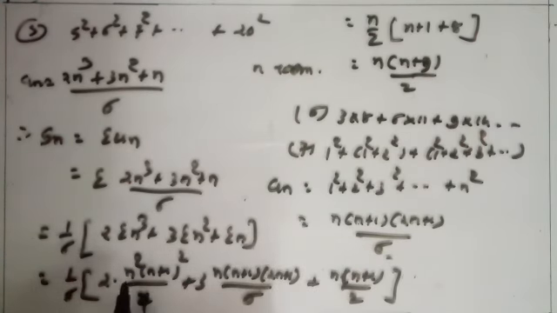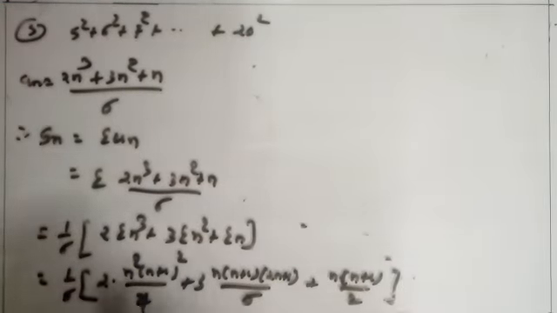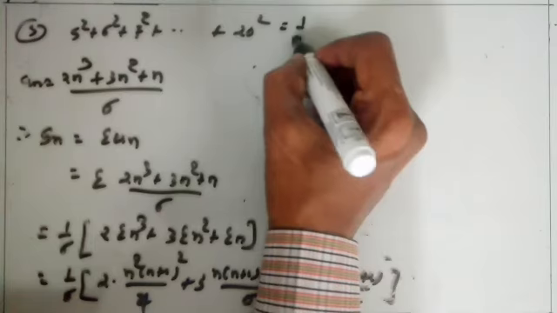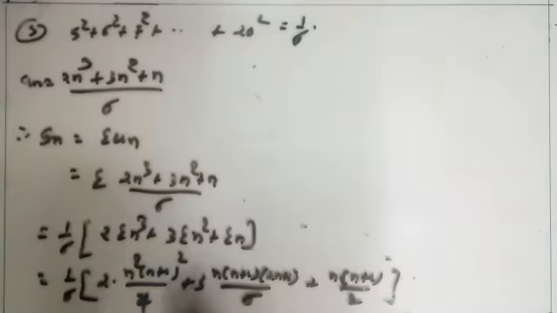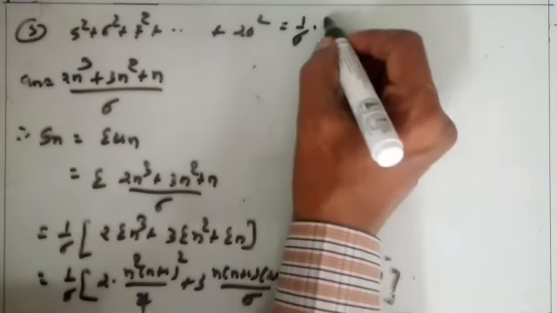Now simplify this. n into n plus 1 upon 2, from each take common. So 1 by 6 into n into n plus 1 upon 2 take common.